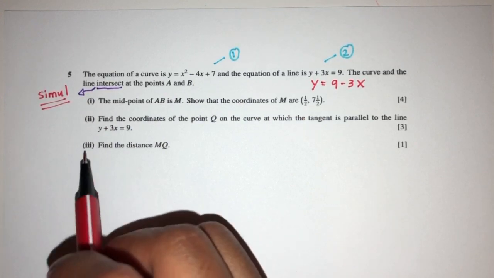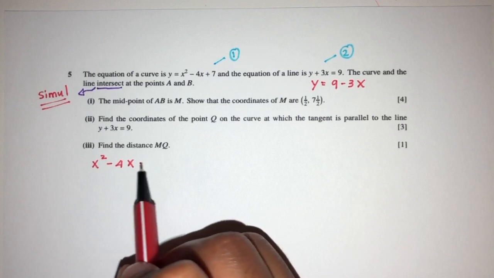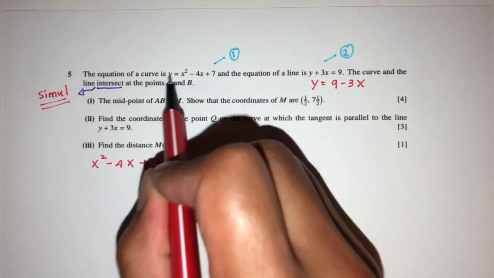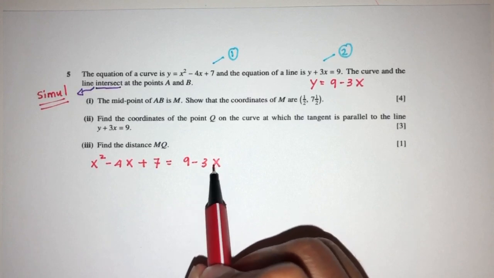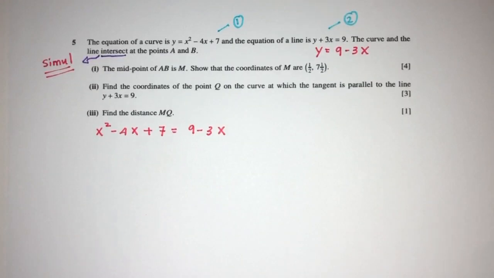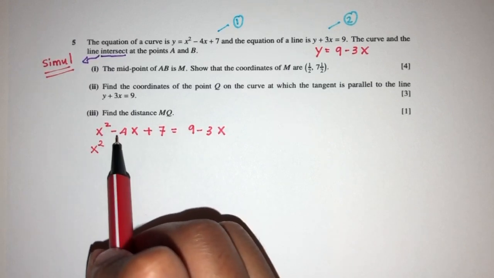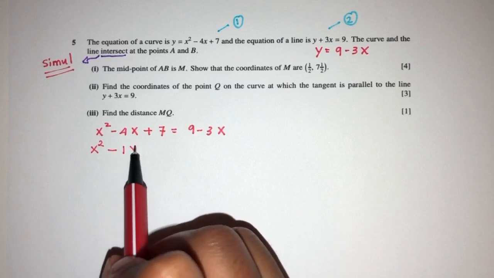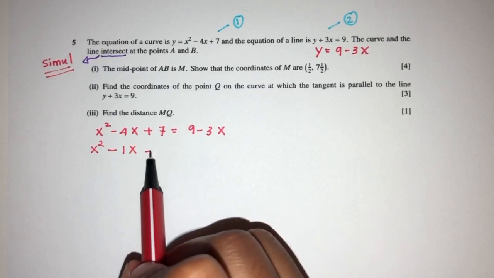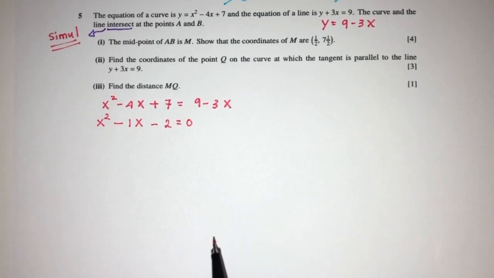On one side you will have x squared minus 4x plus 7 equal to y. Now y is also equal to 9 minus 3x. So now we have this equation to solve. Let's see what we can do. First, let's send everything to one side. You will have x squared, minus 4 plus 3, that should be minus x, and then plus 7 minus 9 will be minus 2, equal to 0.